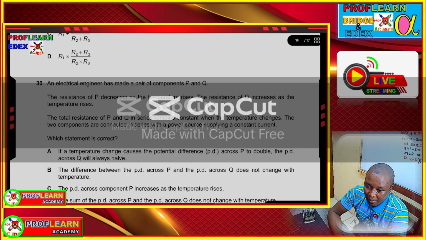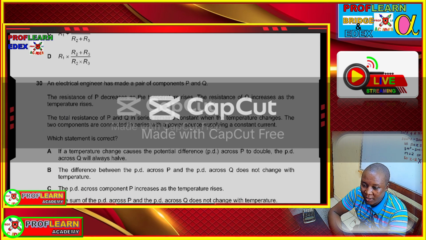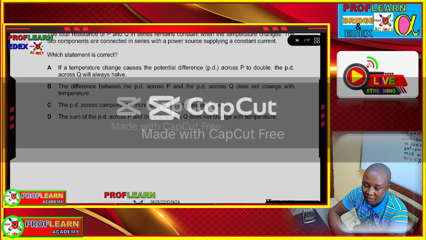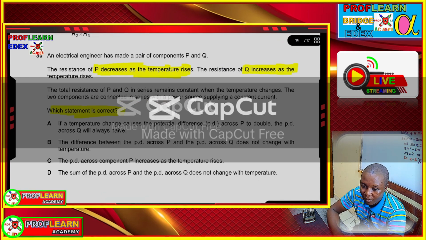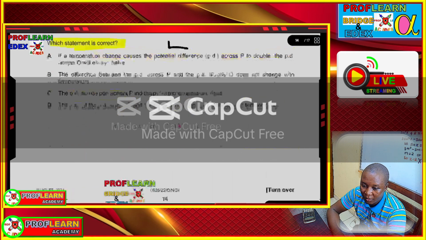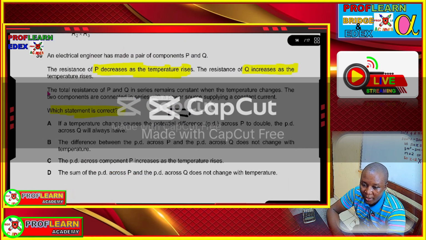An electrical engineer made a pair of components P and Q, and these are the conditions. The resistance of P decreases as temperature rises, and the resistance of Q increases as temperature rises. So which statement is going to be correct? For A, the sum of the PD across P and Q does not change with temperature.